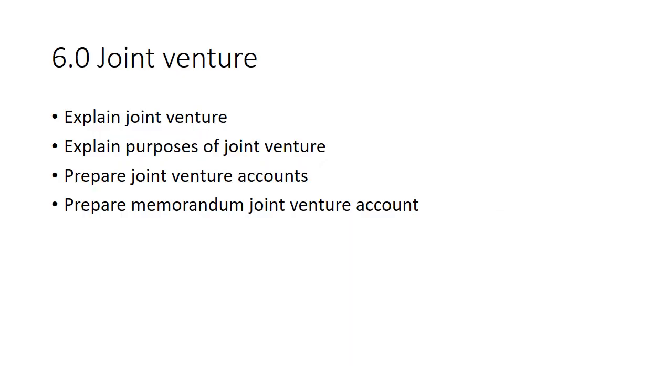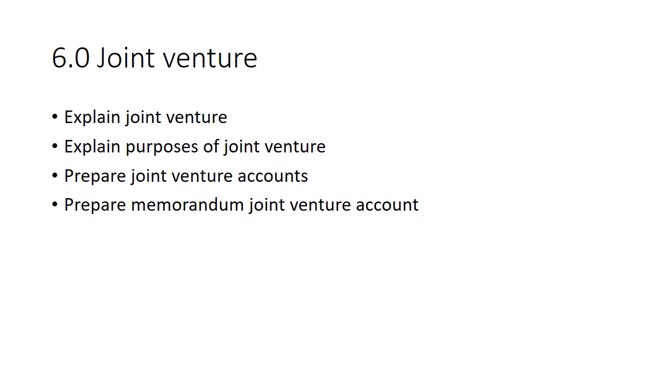And the next topic will be joint venture. By joint venture, we will explain the meaning of joint venture, explain the purpose of joint venture, and prepare joint venture accounts and the memorandum joint venture account. Initially, let me introduce only that a joint venture results from a short-term business undertaking.